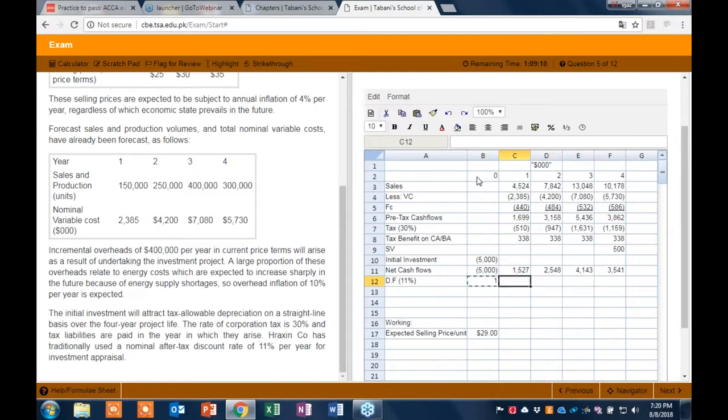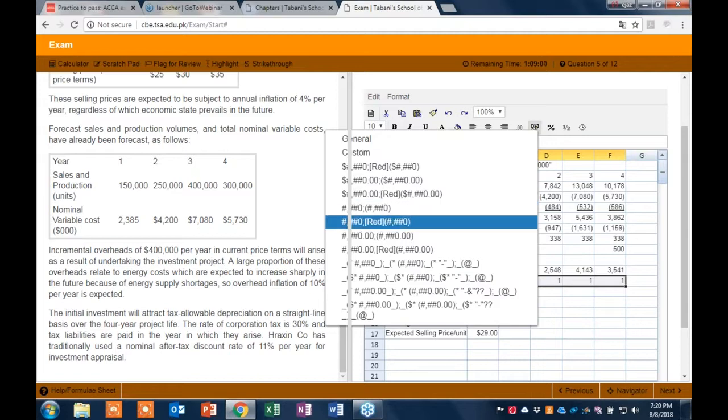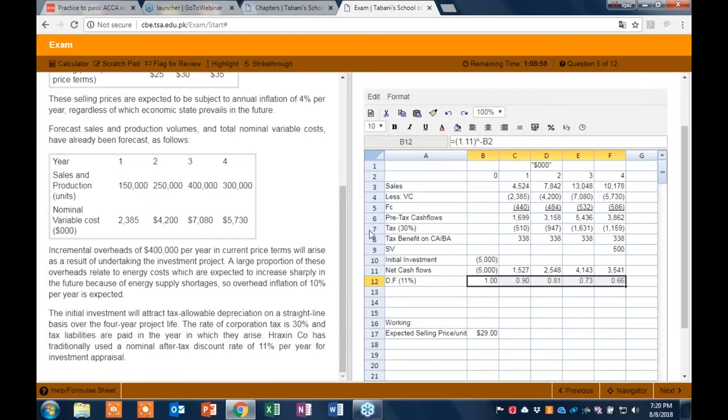Okay, and let's change the format to at least 2 decimal places. And PV, present values. $5,000. There we go.